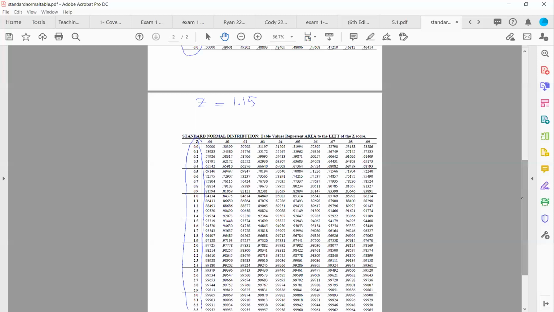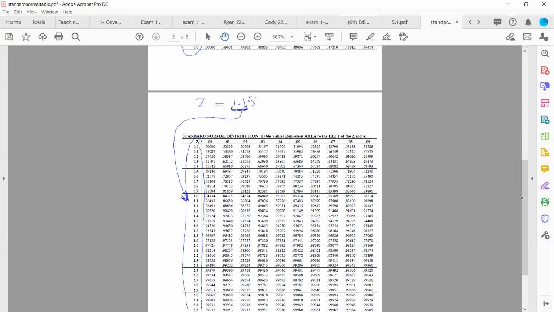So, guys, please listen carefully. 1.1, these two digits, is going to be on the first column. You have to look for 1.1 on the first column.